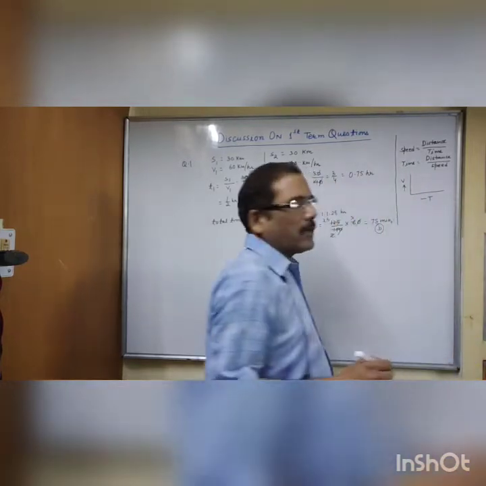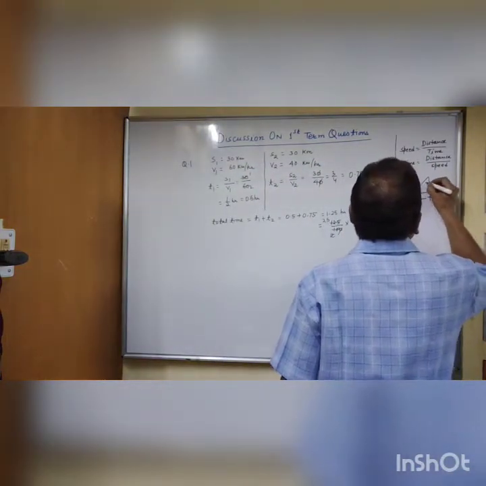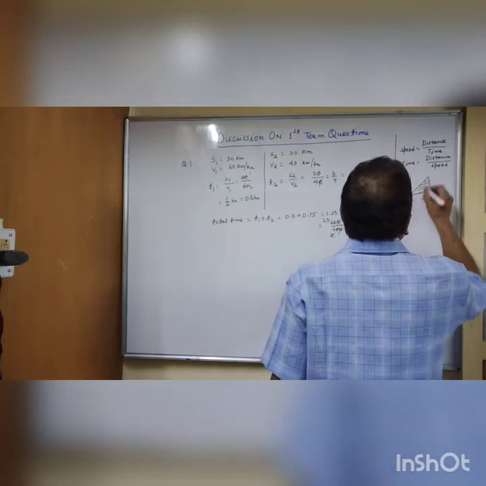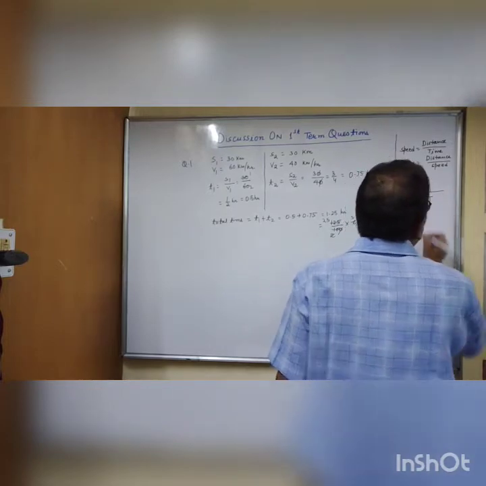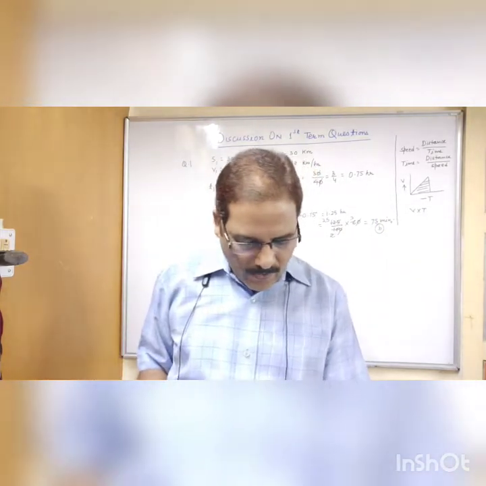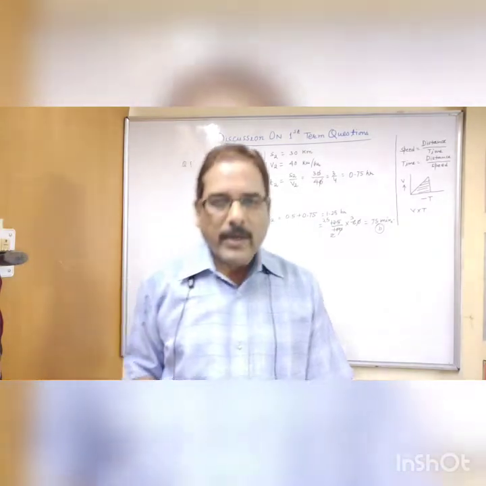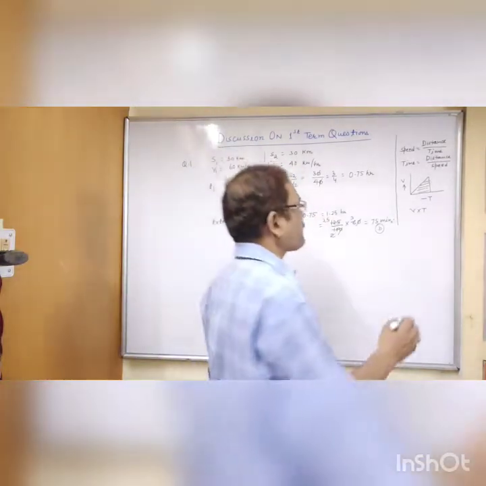If we calculate any area under the velocity time graph, suppose we are calculating this area, it means velocity into time. Velocity into time will give the displacement, as you know. So it will be distance covered or displacement. So A option is correct.